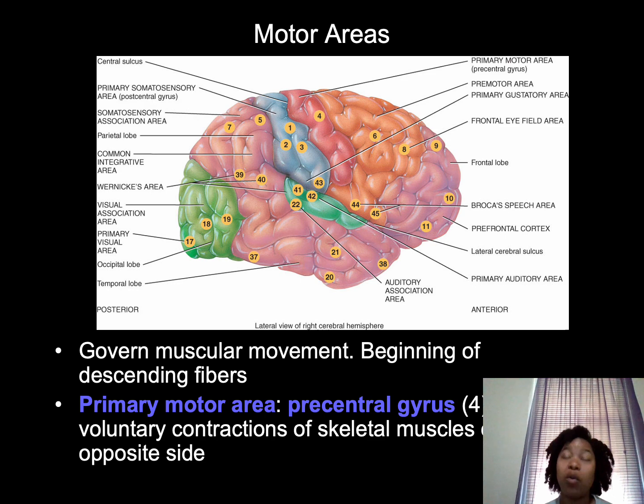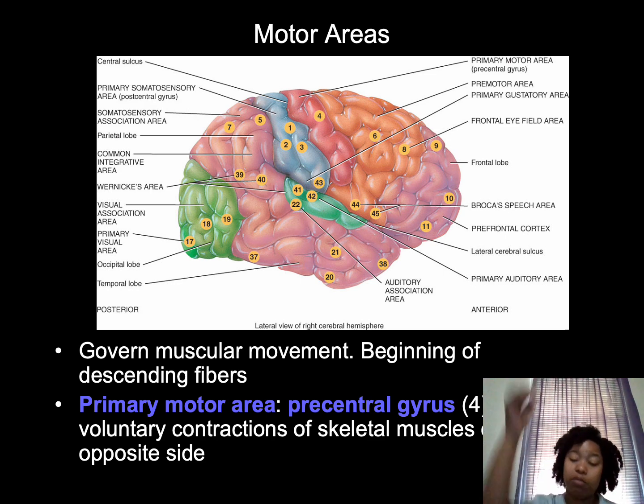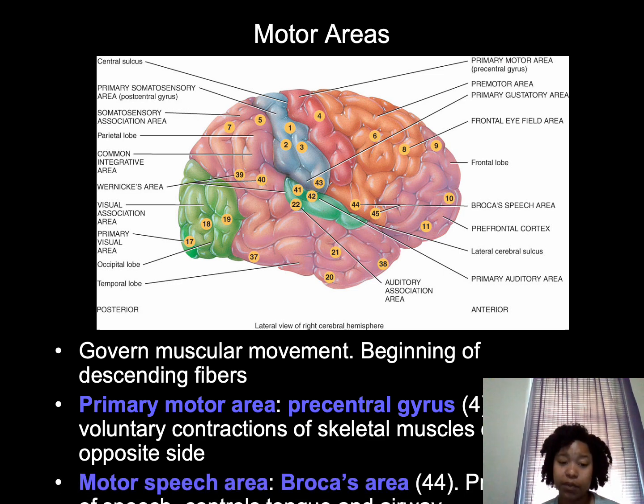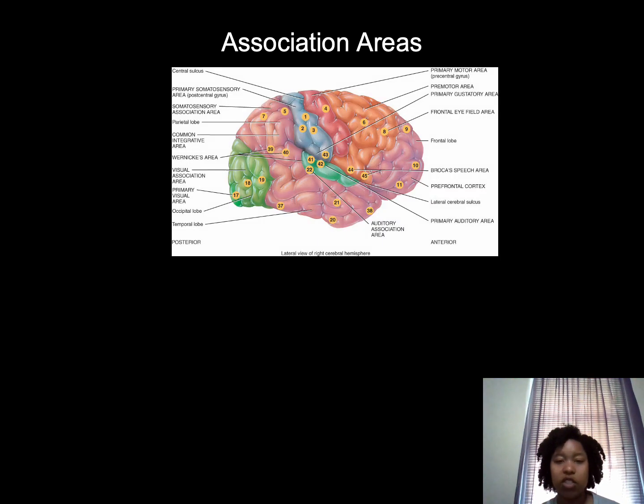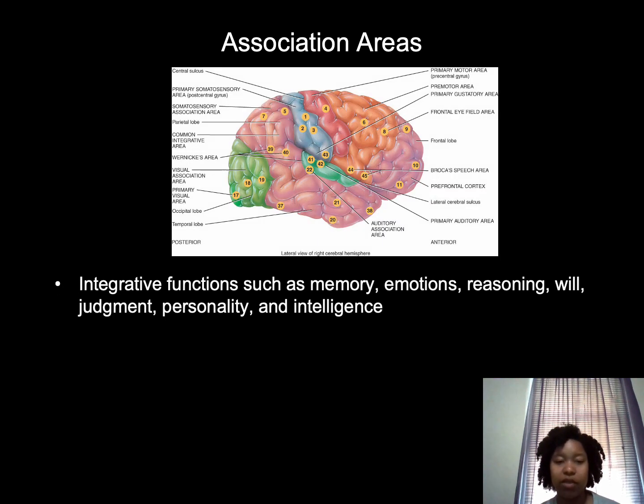So if I want to move my right arm up, the left side of my cerebrum is making that movement happen. And then you have the motor speech area, which is depicted by number 44.